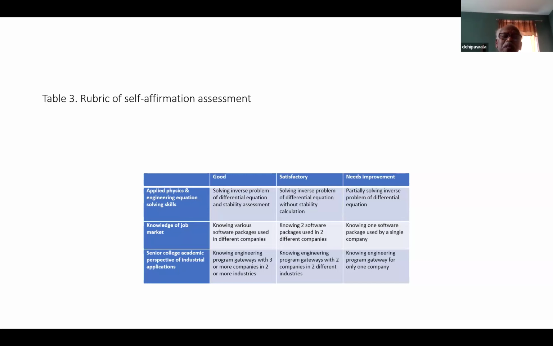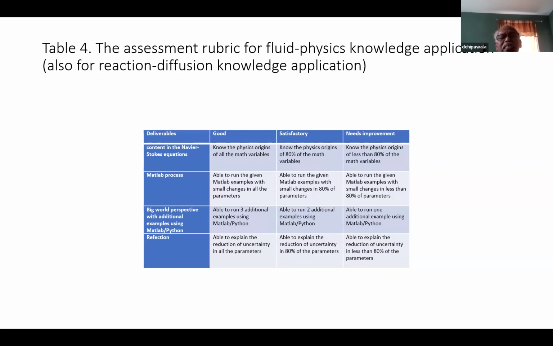The rubric for the self-affirmation assessment is used in this table. And that is the assessment rubric for fluid physics knowledge application, also reaction diffusion knowledge application.